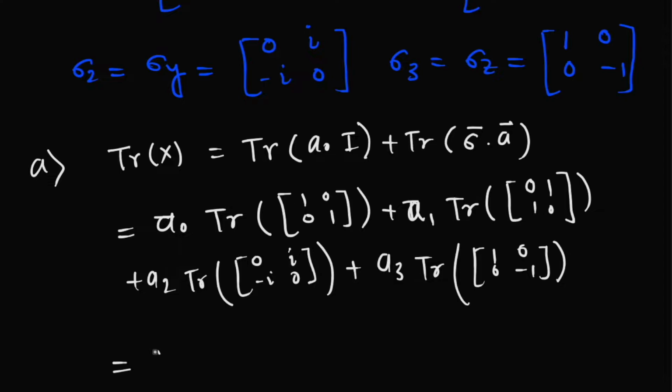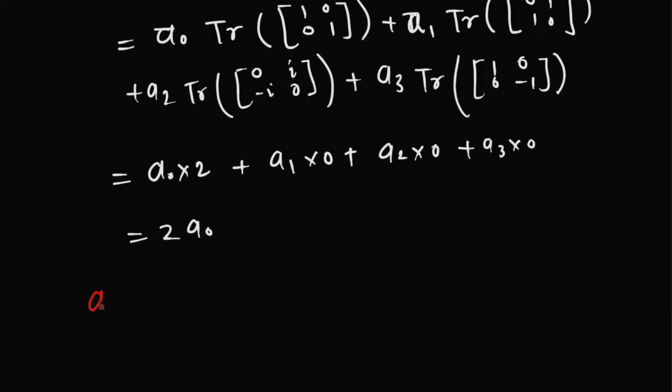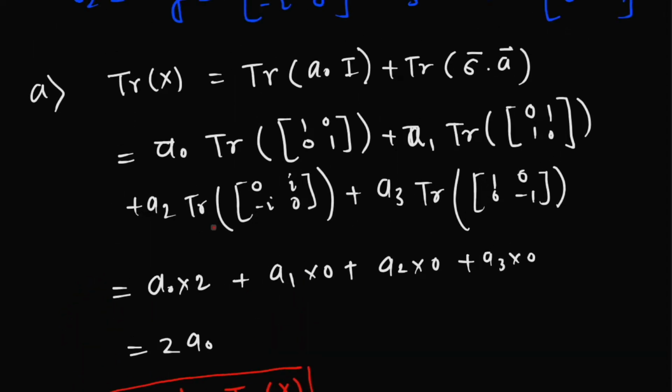That is equal to a0 times 2 plus a1 times 0 plus a2 times 0 plus a3 times 0. That is equal to 2a0. That means a0 equals half of the trace of X. So we have solved the first part of question A.